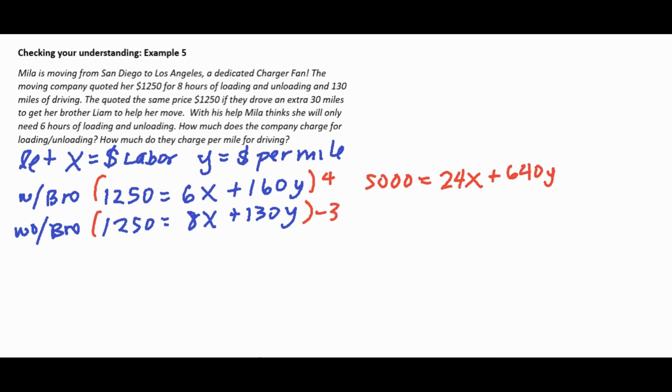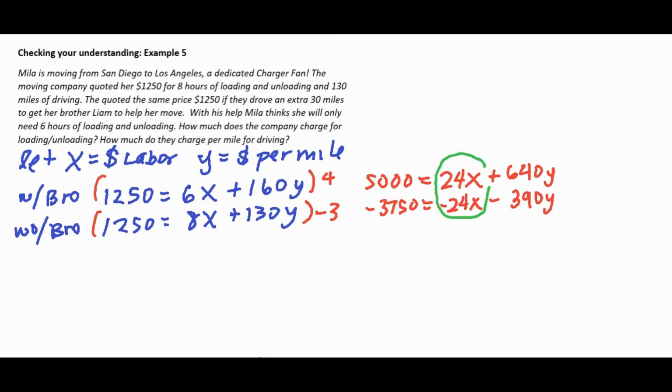And I'm going to multiply the second equation by negative 3. 1,250 times negative 3 is negative 3,750, 8x times negative 3 is negative 24x, and 130y times negative 3 is negative 390y.